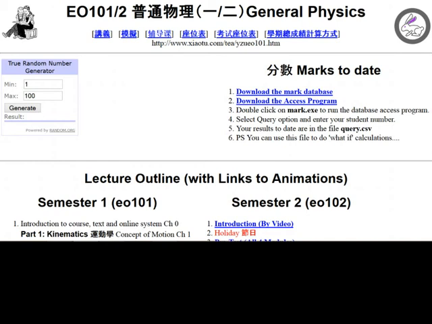In addition, you will be able to keep up to date with your mark to date by using our mark database and downloading the Access program. And you will find the outline of the course, both the first semester, in other words, part 1, and the second semester, which is basically just a continuation of the first semester's work.